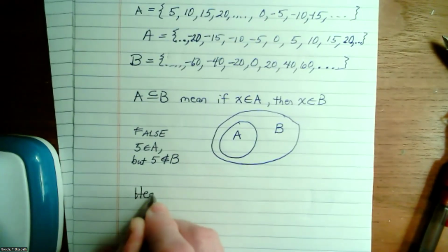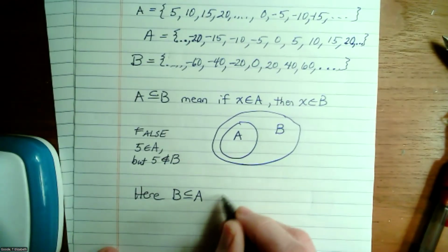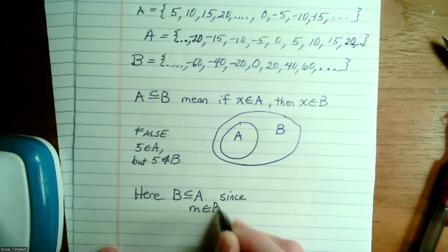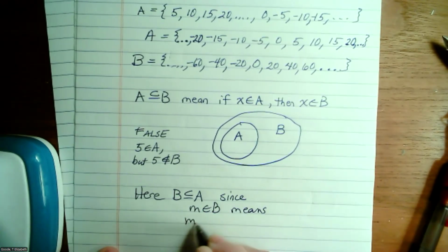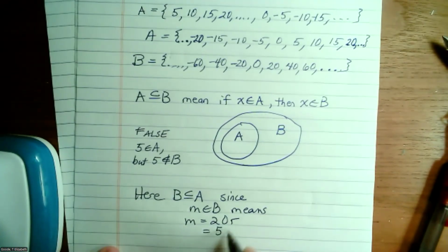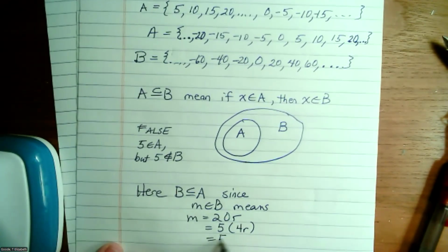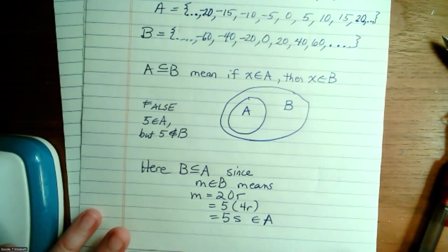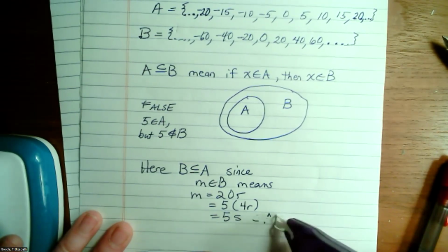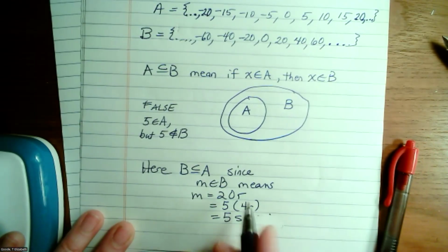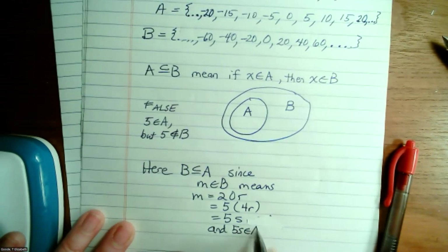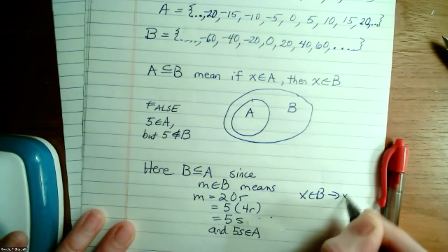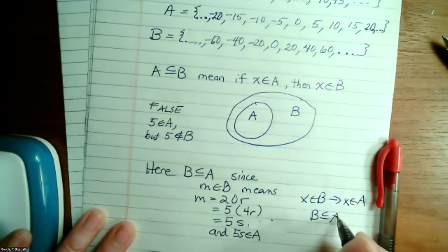Here, B is a subset of A, since m in B means m equals 20r, but that equals 5 times 4r, so that equals 5 times s, and that's an element of A. So x in B implies x is in A, and that's exactly what it means to say B is a subset of A.